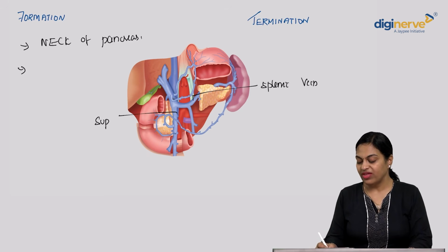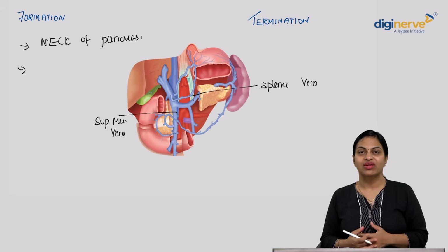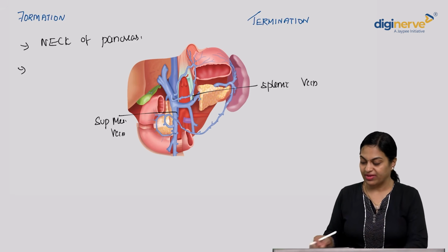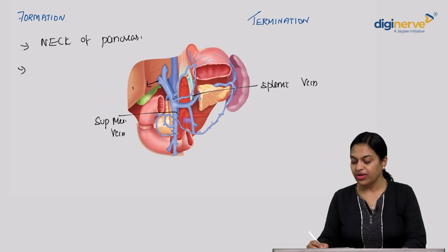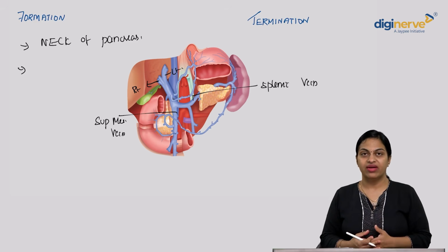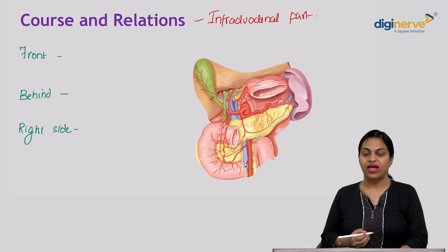And the superior mesenteric vein drains the venous blood from the midgut part of the digestive tract. As I told you, it is going to divide into a right branch and a left branch at the porta hepatis to enter the liver. Coming to the course and relations of the portal vein.